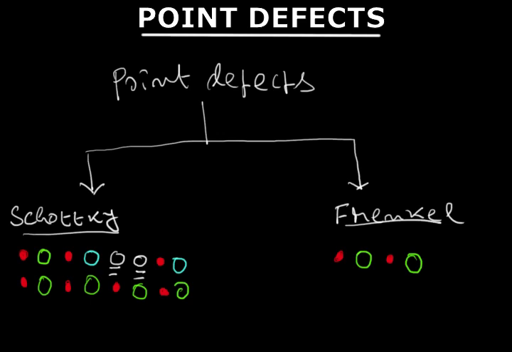Here, in place of this cation, there should be a cation, but there will be a vacant place, and after that, an anion is present, and this cation is present in the interstitial position, and the other arrangement is same.